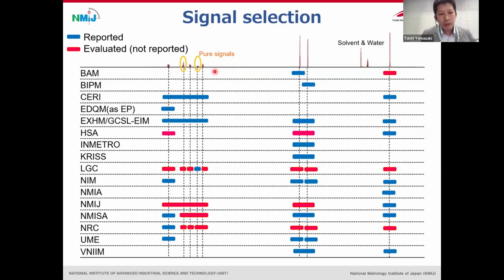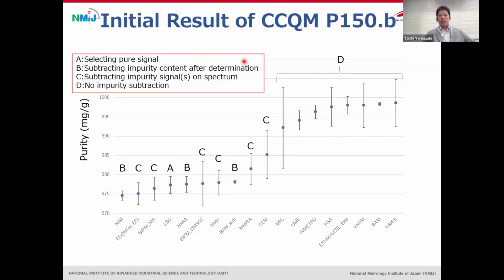At first, I show the pure signal in this comparison sample, inside the aromatic area. This is the initial result of the advanced comparison. We categorize the results into four categories.